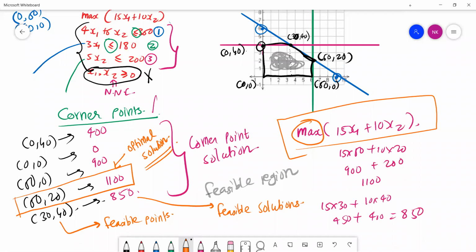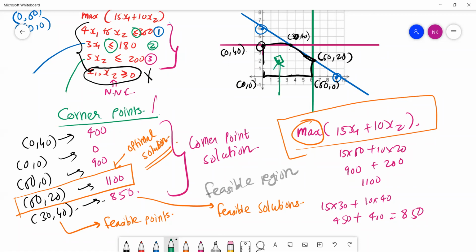Now, just for an instance, just look into this particular graph. If I'm taking this particular point that is highlighted in green, that is nothing but 20, 20.